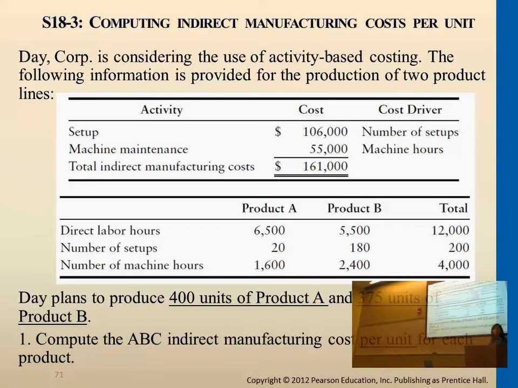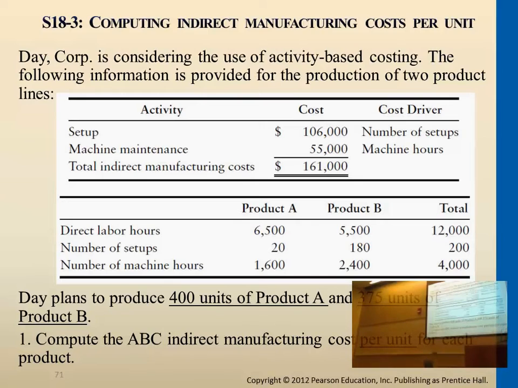Machine maintenance rate, we have the total cost, $55,000, and the driver is machine hours, and we have a total of 4,000 machine hours. So per hour of machine working will incur machine maintenance cost of $13.75. So now you have the two rates.